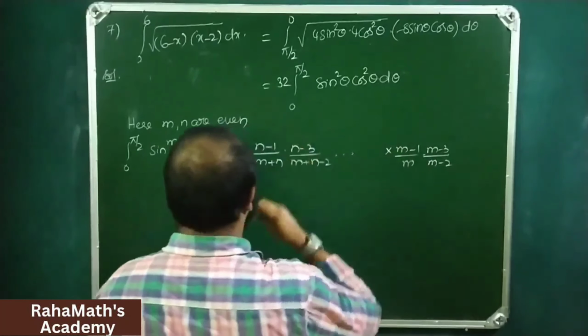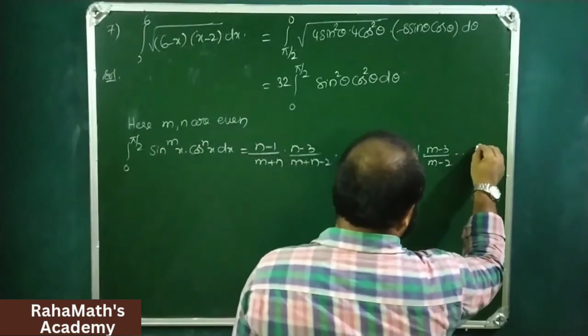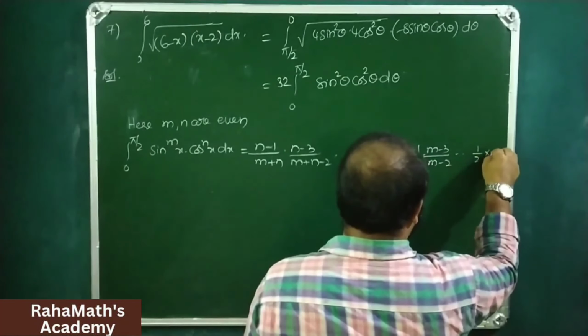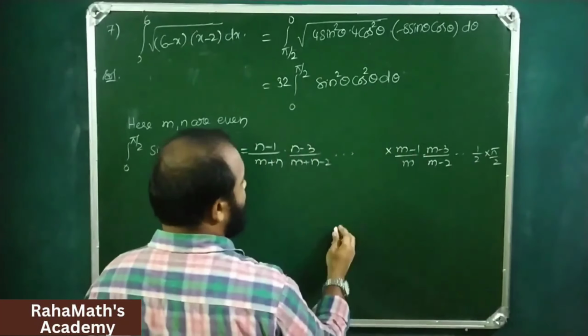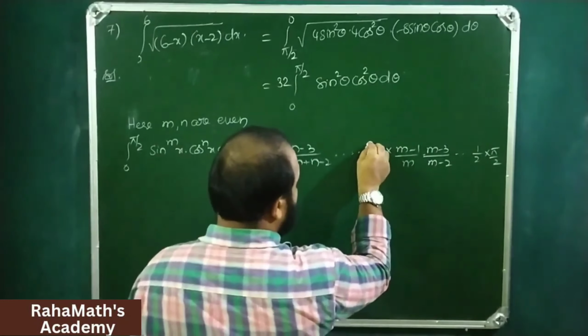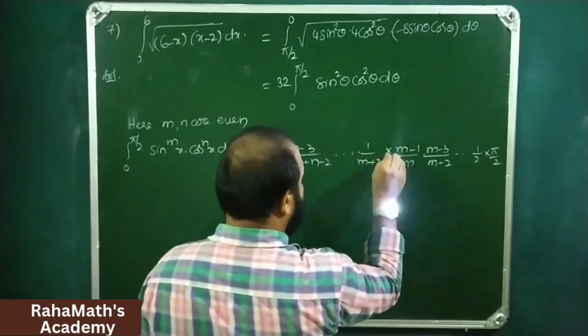Since m is even, it is 1 by 2 into pi by 2. If you want to know the previous term, that is 1 by m plus 2.